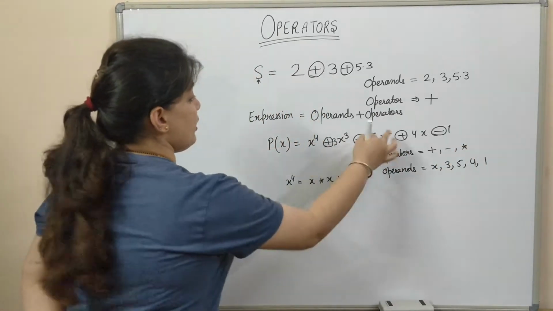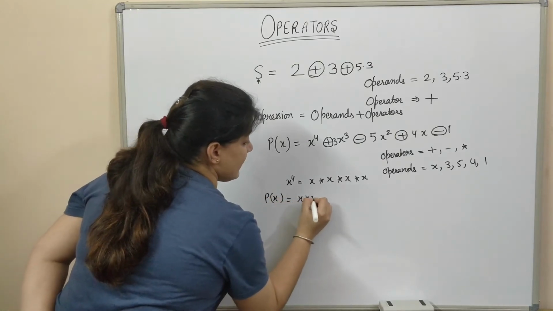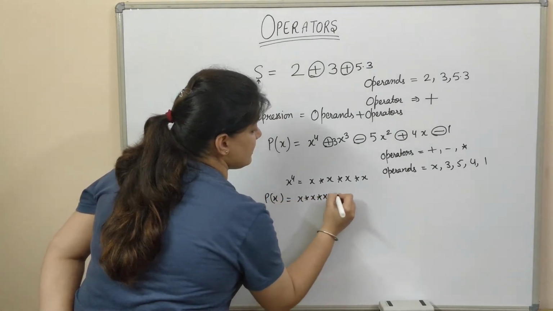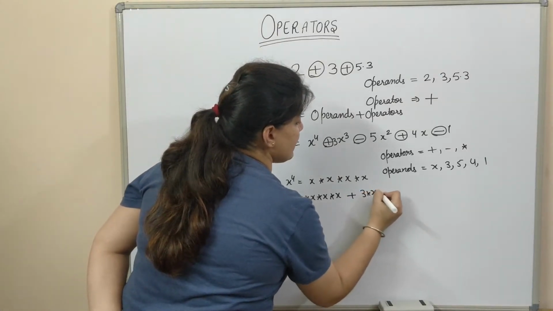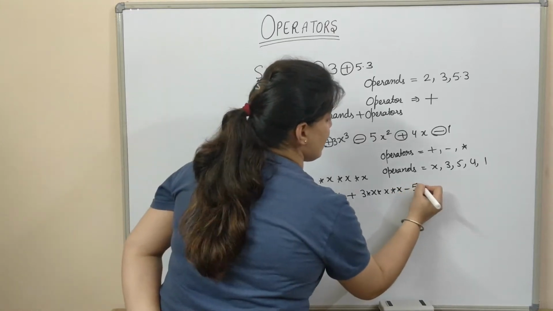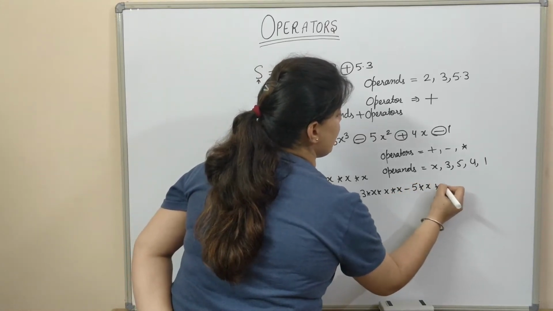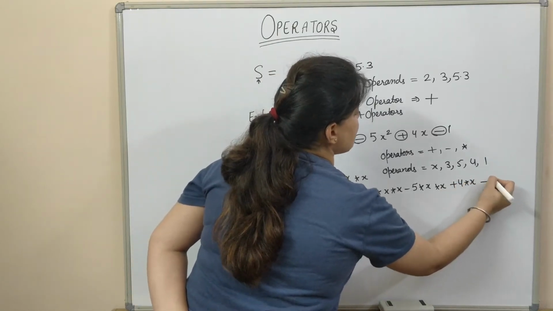So this polynomial function can be written as x multiply x multiply x multiply x plus 3 multiply x and x minus 5x into x plus 4 multiply x minus 1.